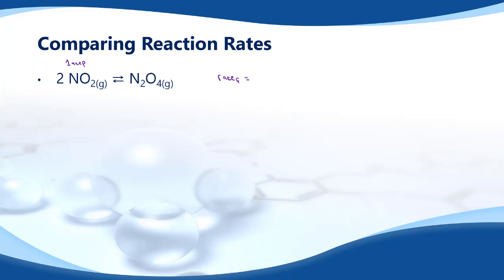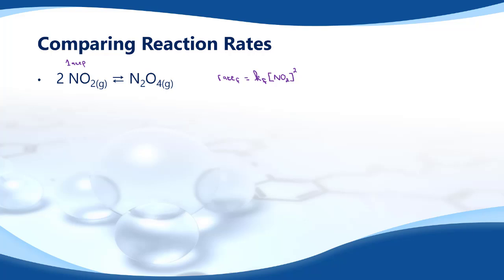law for this. So for our forward reaction, rate is equal to K for the forward reaction times the concentration of the reactant, which in this case is NO2, and it's going to be squared because we have a 2 coefficient. So that's the rate law for our forward reaction.